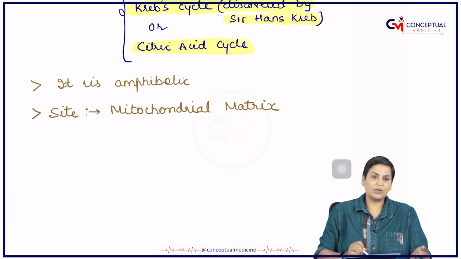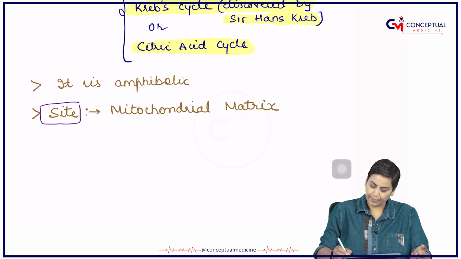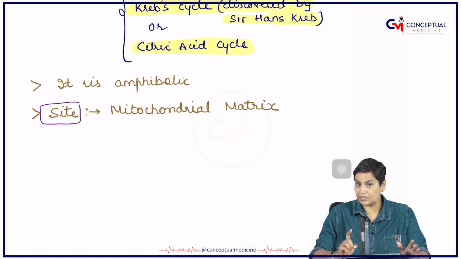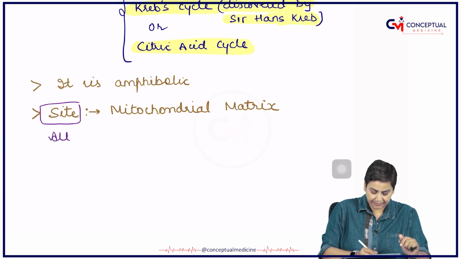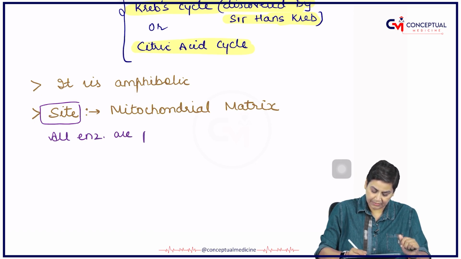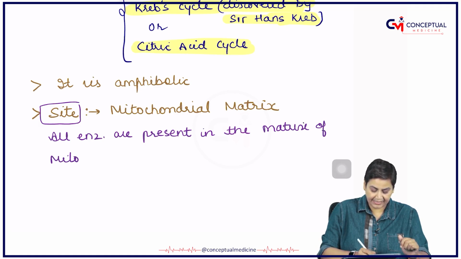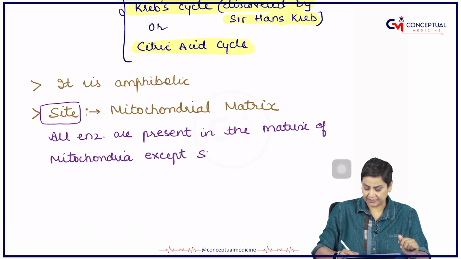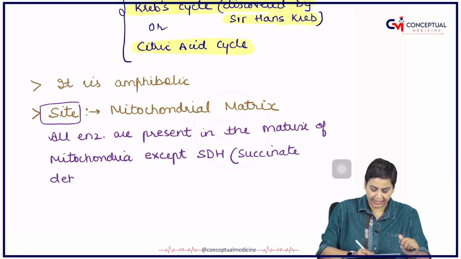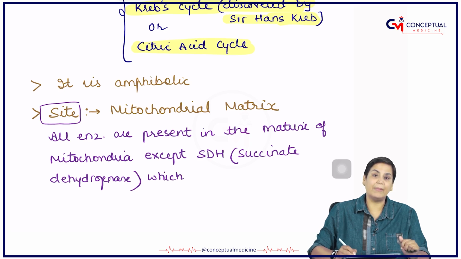Now one very important aspect of this is that all the enzymes of the citric acid cycle are present in the matrix of mitochondria except SDH, and this SDH stands for succinate dehydrogenase, which is present on the inner mitochondrial membrane.